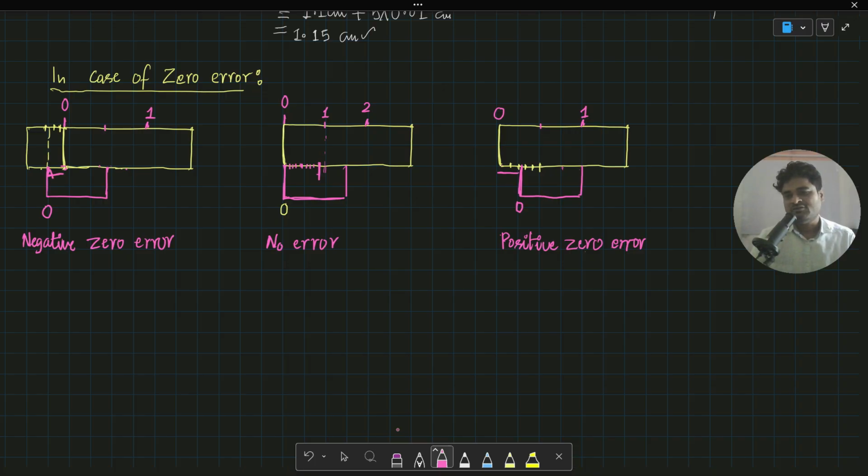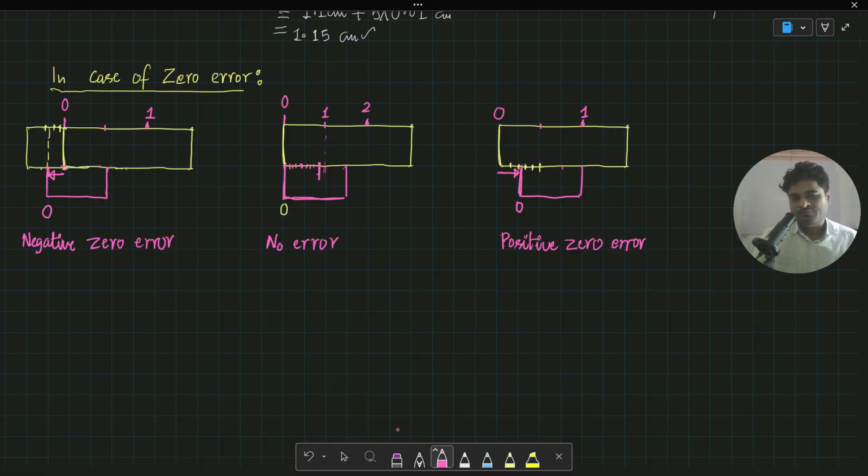So what do we do? We have to make error correction. The formula is that error is always subtracted from the reading. Whatever new reading we get, we subtract this error.